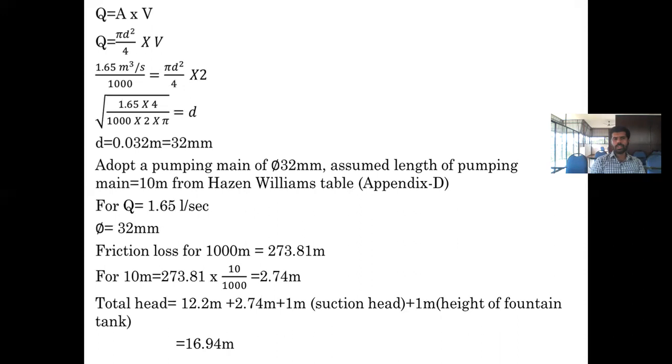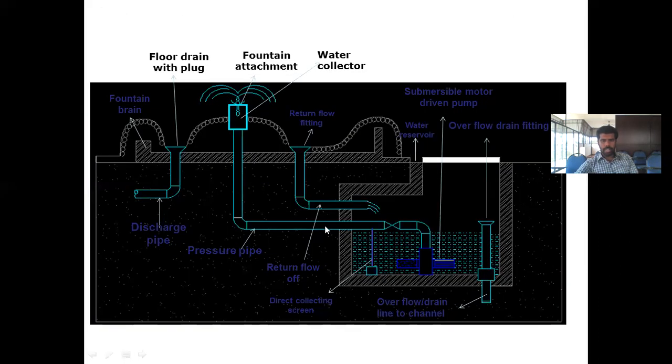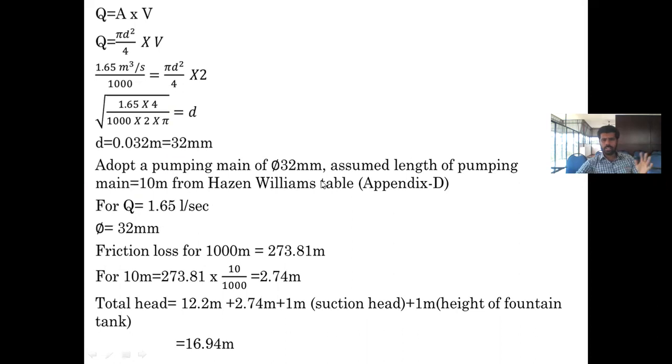If it's 20 meter, we can write 20 meter. The pumping main means this line only, this pressure line only. This may change depending upon the situation. So just assume the length is 10 meter.